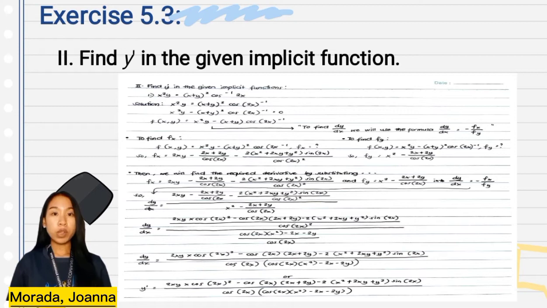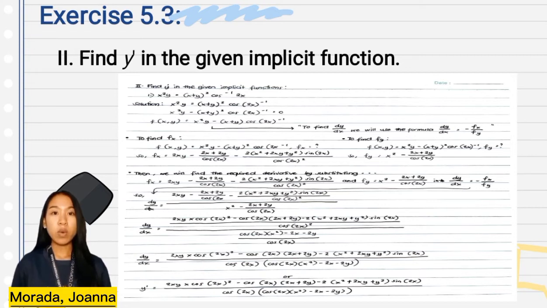So, we will first find the first partial derivative with respect to x. So, f open parenthesis x and y close parenthesis equals to x squared times y minus open parenthesis x plus y close parenthesis squared times cos open parenthesis 2x raised to negative 1.